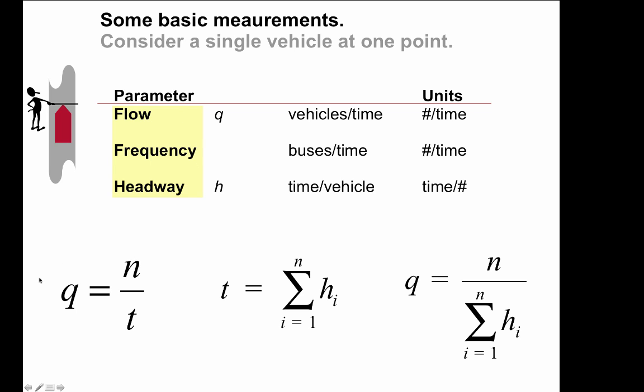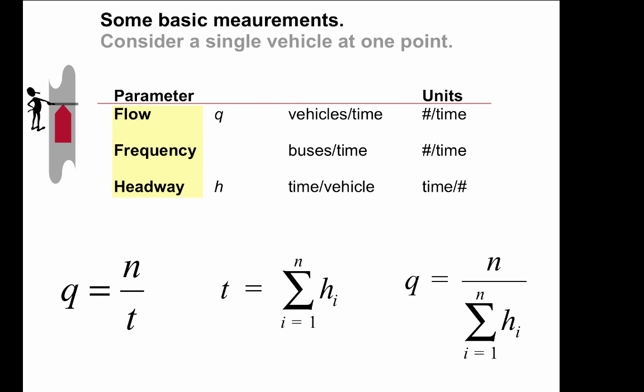So just in equation form down here, flow Q equals N over T. So that's the number of things divided by time. The total travel time: if you are counting over a period of time the headways of vehicles that are passing by, the sum of all those headways would be equal to the total time interval.